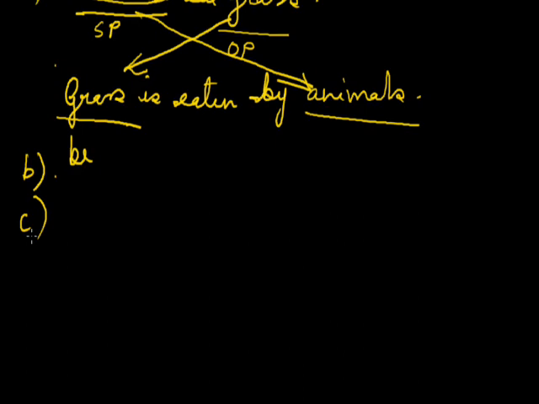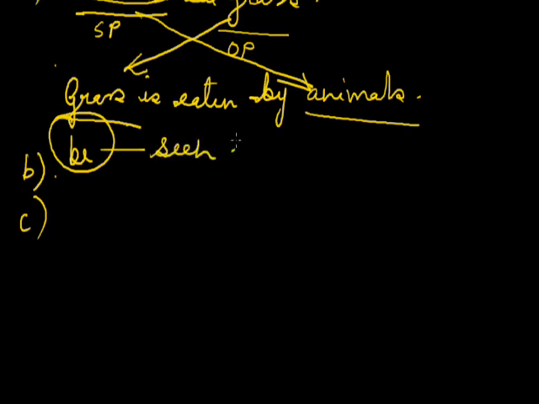If I convert the same sentence into passive, it would be: a UFO is seen by Indian scientists. UFO is the object and I've taken it to the subject position. I repeat, a UFO is seen by Indian scientists. Here, is is the be verb which I have used with the past participle, seen.